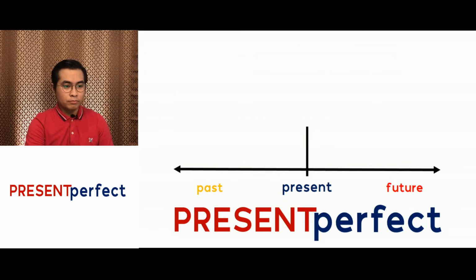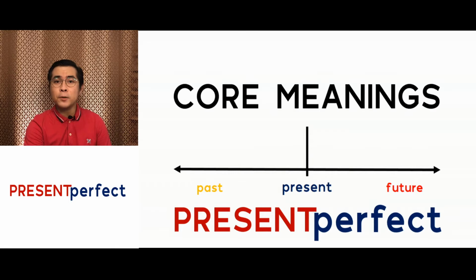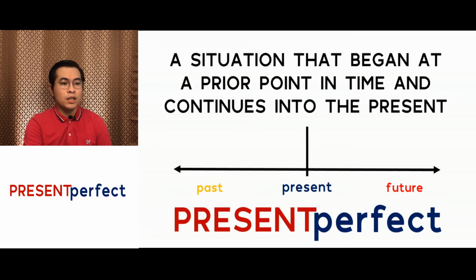So just like your simples, your perfects also have their core meanings, or their use or function, especially when we are encountering them in several sentences or conversations. The first core meaning is a situation that began at a prior point in time and continues into the present.